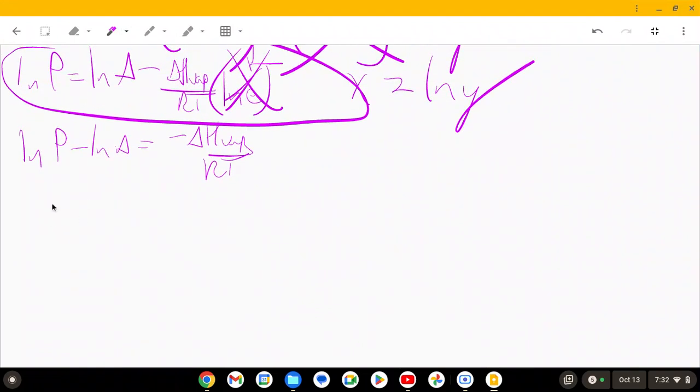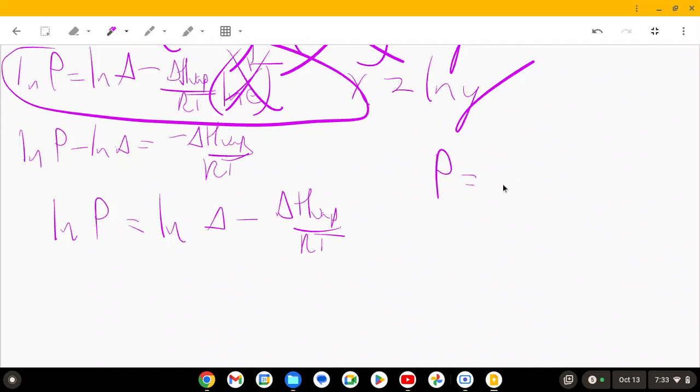So let's rewrite this. ln P equals ln A minus delta H vap over RT. And we have P equals A e to the negative delta H vap over RT. So this is an exponential function. It's going to look something like this, with a negative sign.